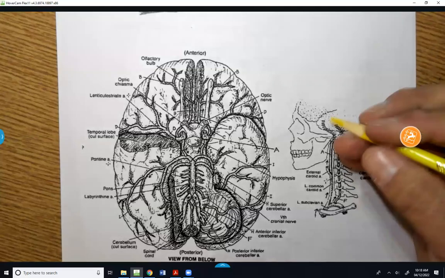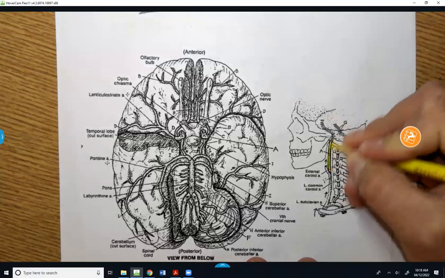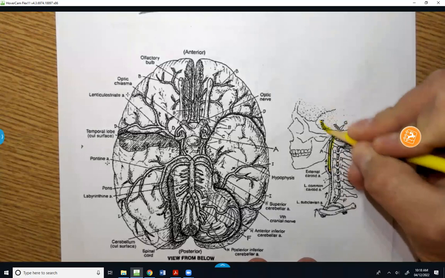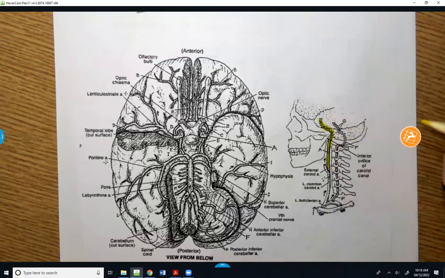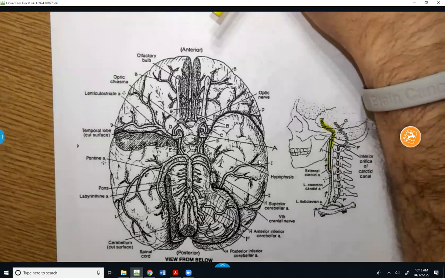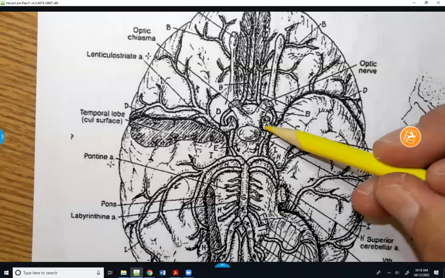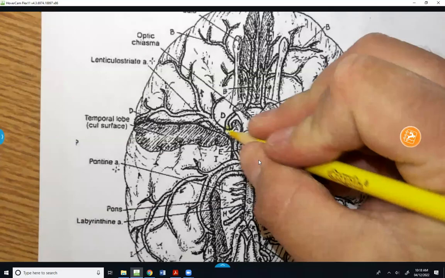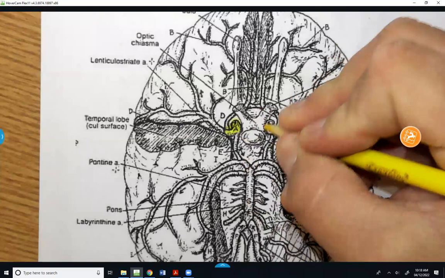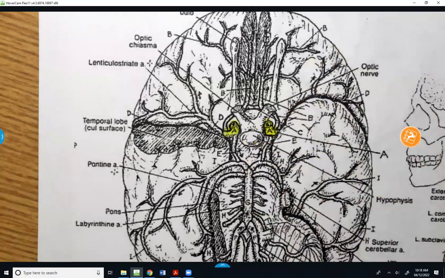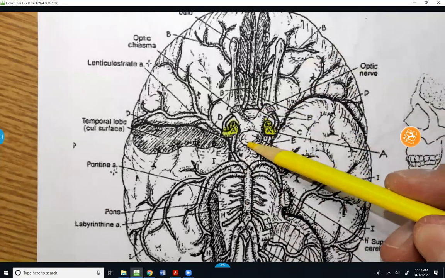Okay. Coming off of the carotid, once again, or the common carotid, I should say, is this internal carotid, which is letter A over here. If I zoom in, here we can see letter A on both sides of what we have labeled here as the hypophysis, which is a fancy term for your pituitary.